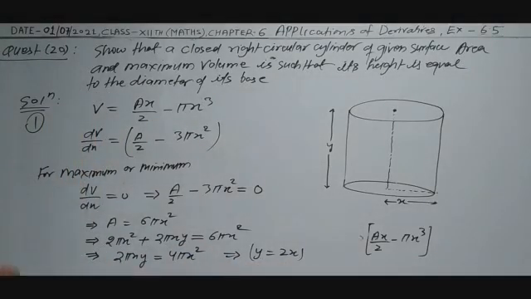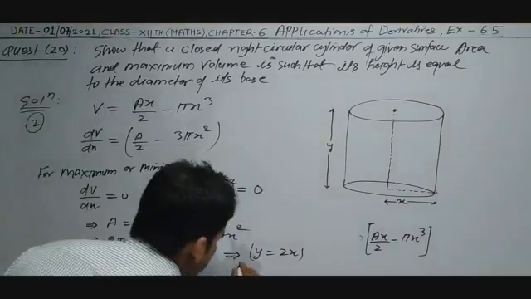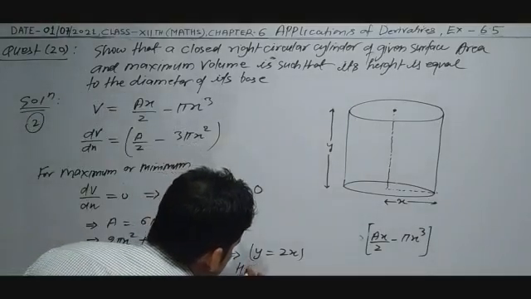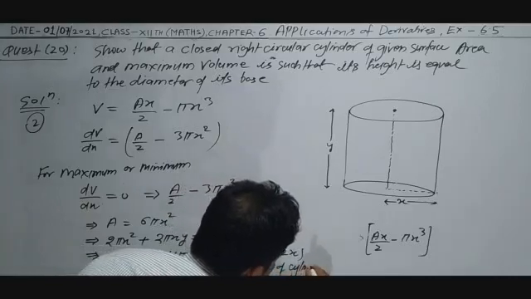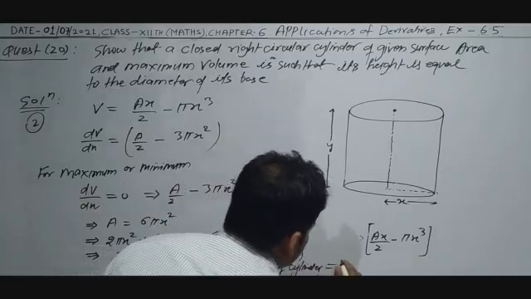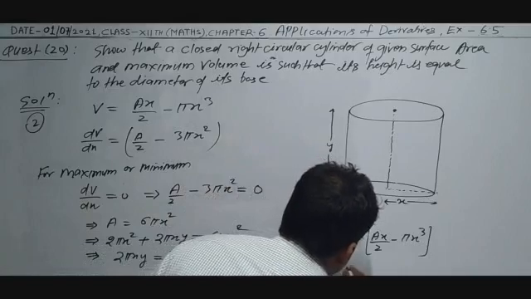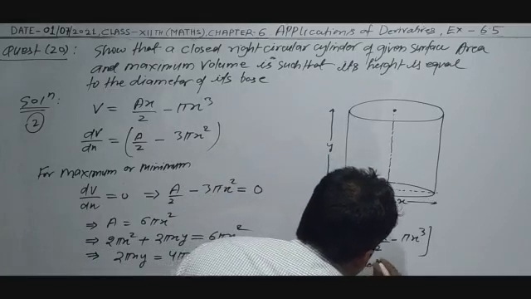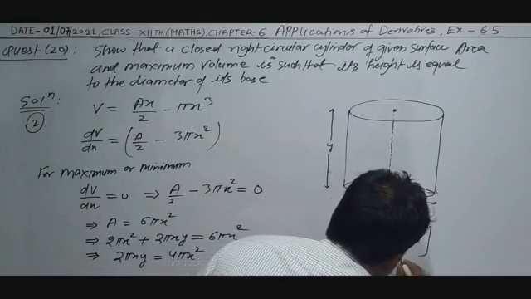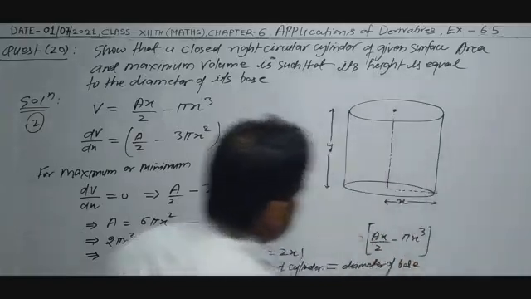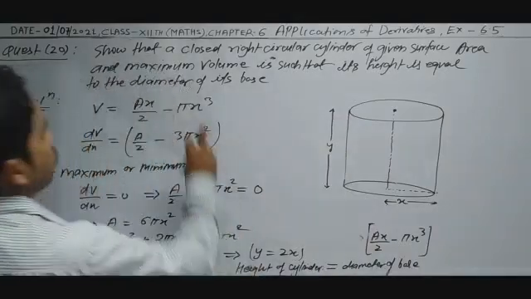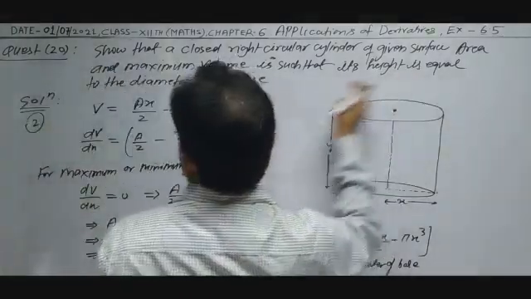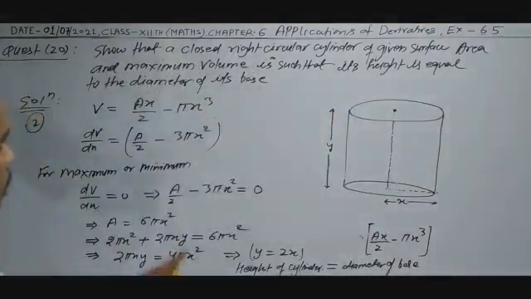So you can say the height of the cylinder is equal to the diameter of the base of the cylinder. This is the proof.